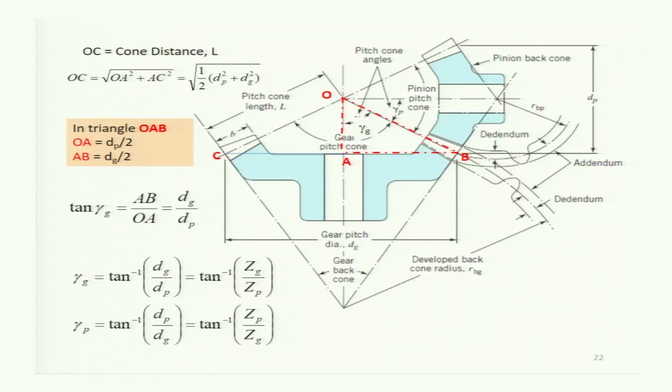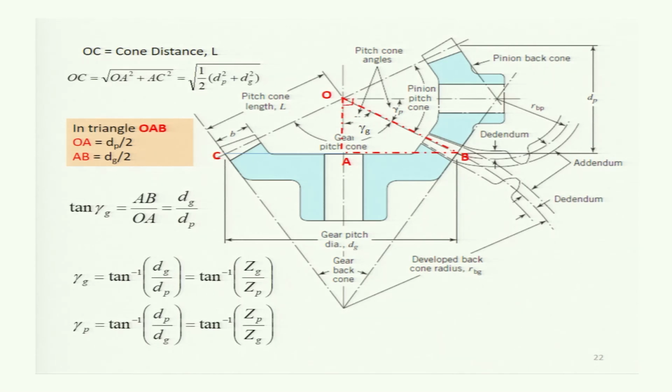Now let's find the values for a gear in mesh: the cone distance, the pitch angle for the pinion, and the pitch angle for the gear, for a particular case where the angle between shafts is 90 degree. This diagram shows a case in which the angle between the axis of rotation of the pinion and the axis of rotation of the gear is 90 degree.